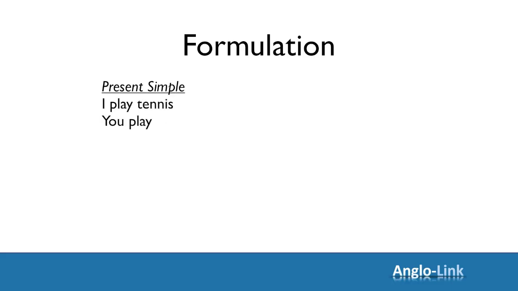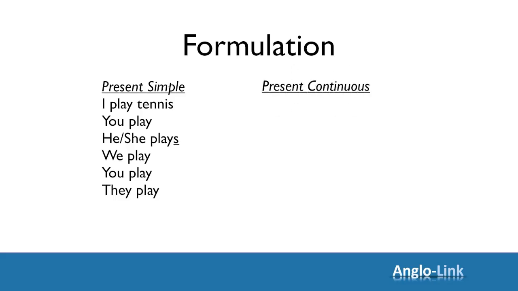You play tennis. He, she plays tennis. That's right. Remember that little S you have to add to the verb with he, she, and it. We play tennis. You play, and they play. So, simple enough.